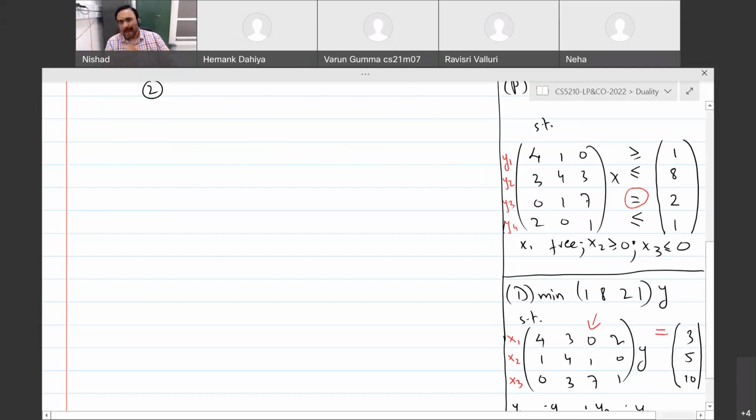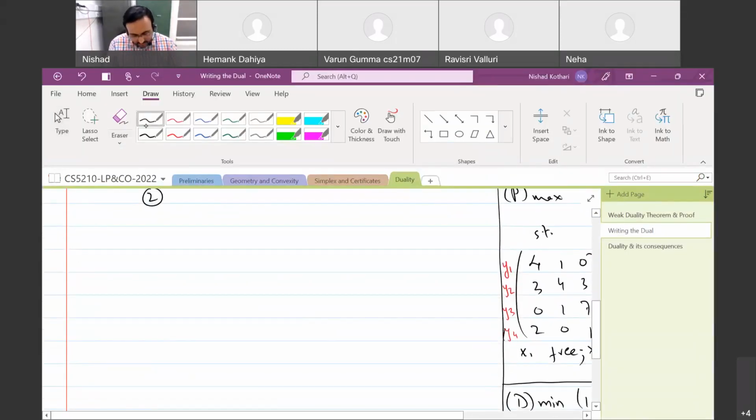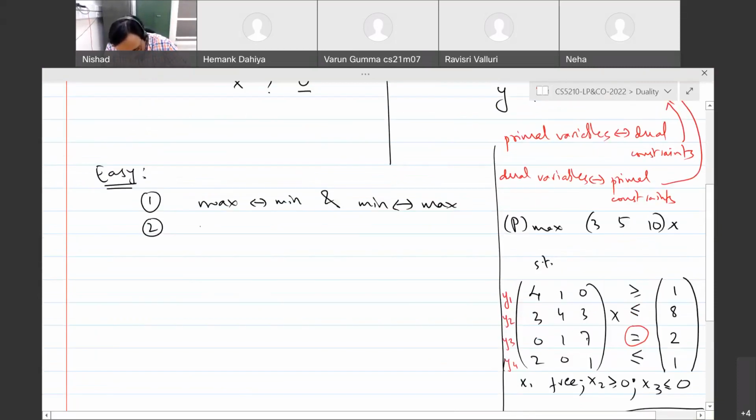If equality constraints correspond to free variables, then in the same sense, your free variables will now correspond to equality constraints. That is the next thing that is easy to remember: equality constraints correspond to free variables, and free variables correspond to equality constraints.